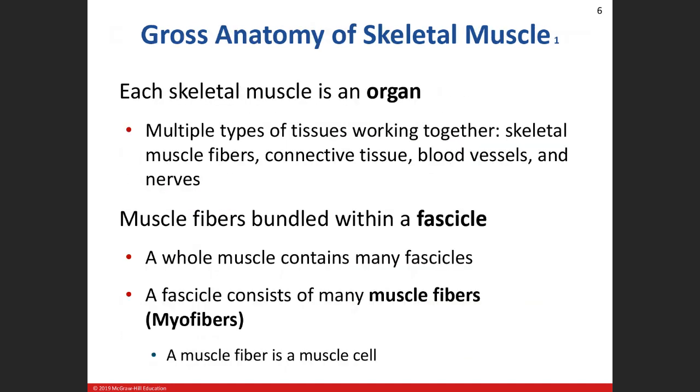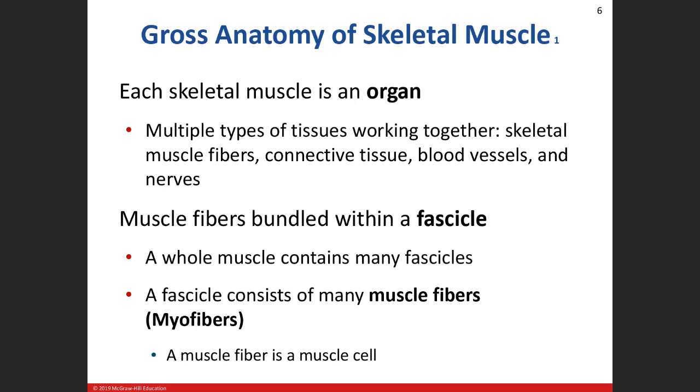So when we were talking about the nervous system, we said that the neuron was the cell. The neuron was the cell of nervous tissue. An actual nerve is the organ. So like the sciatic nerve, for example, is considered to be an organ. Well, in this chapter, our organ is going to be the skeletal muscle.